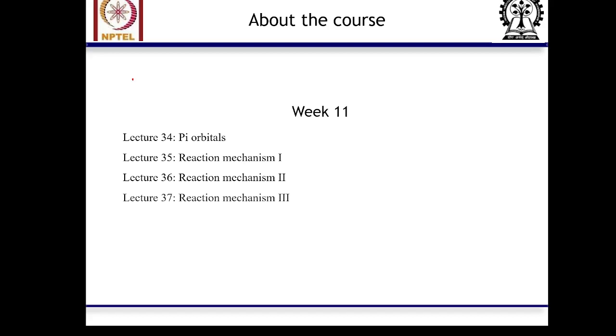And we discussed reaction mechanisms 1, 2 and 3. What are these reaction mechanisms? We will see in the problem solving session. I will not give any brief introduction to this, so I will go directly to the problem solving session, and we will discuss all the concepts through it.